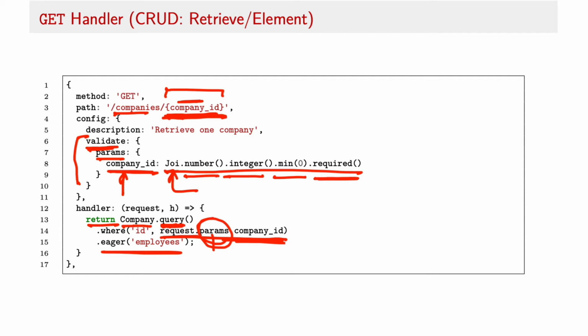Now notice that because this is something that we're supplying to Hapi, it's going to be responsible for checking to make sure that this particular value in the actual request satisfies the validation constraint implied by this company ID property. If the validation fails, if any of these things that we're saying must be true about that company ID are not true, Hapi won't even call our handler.